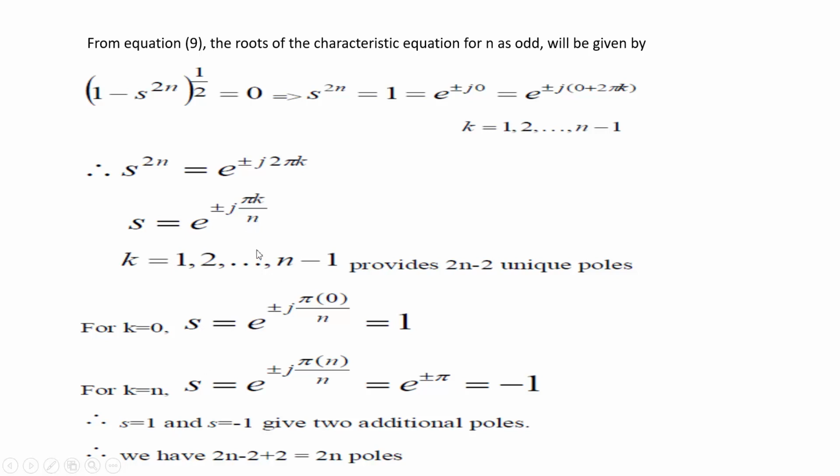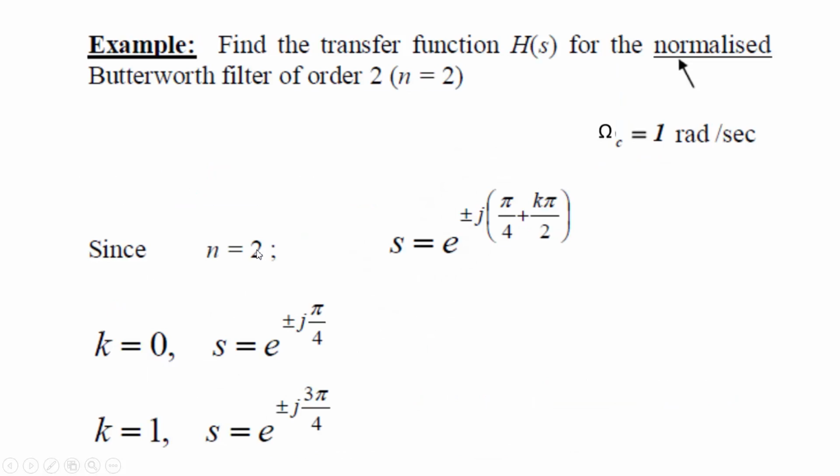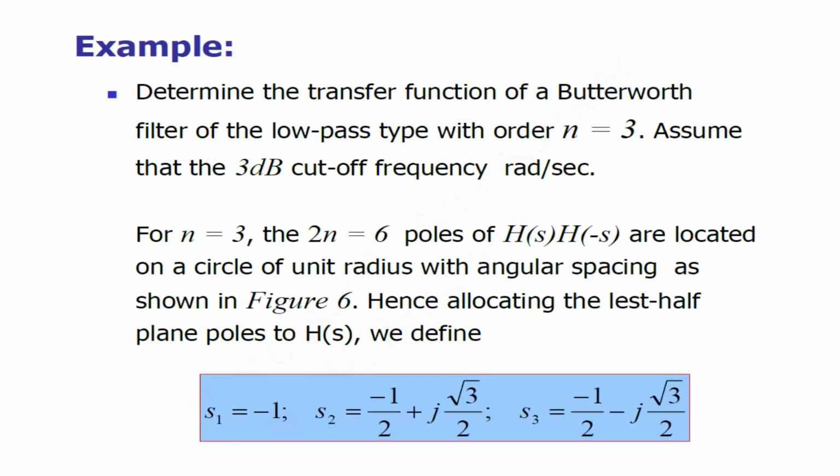and these two poles will always exist. From here we can get the position of the poles S1 on the H(s) side. Definitely there will be a pole on the H(minus s) side also, but since we are asked to determine H(s), we will take S1 as minus 1, S2 and S3.